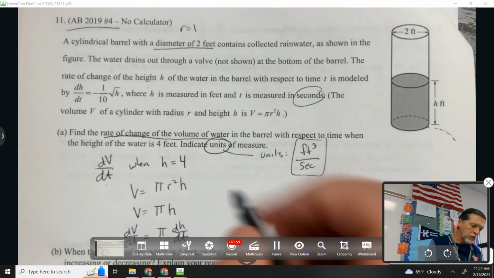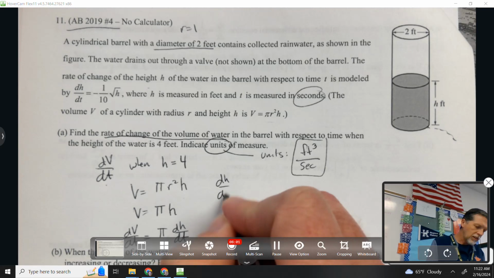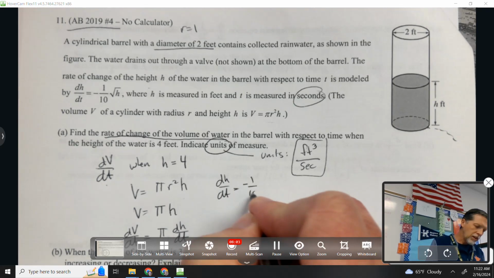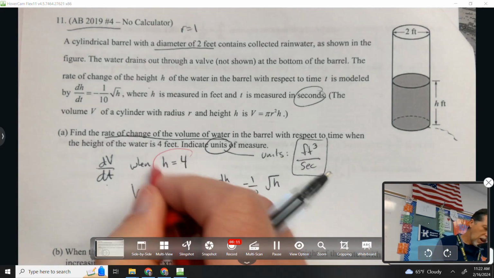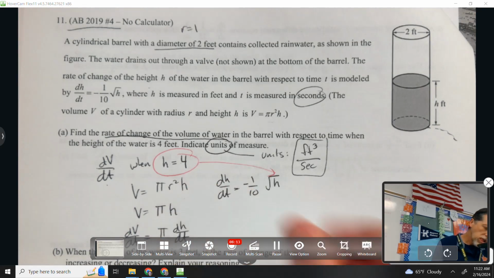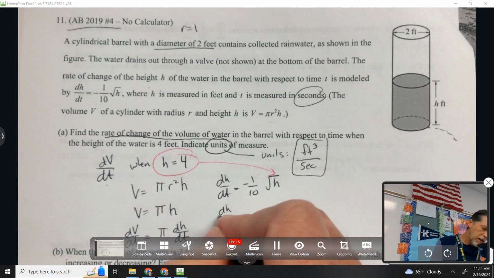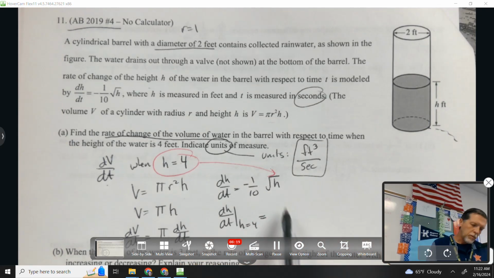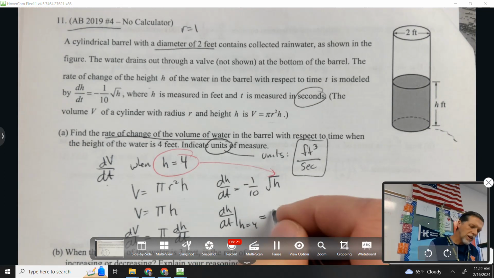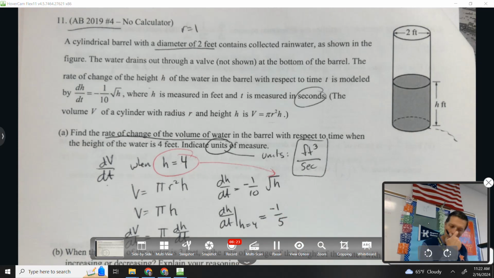Oh, I sort of know dH/dt. dH/dt is negative 1/10 square root of h. So if h is 4, dH/dt when h is 4 would be negative 2/10, so negative 1/5.